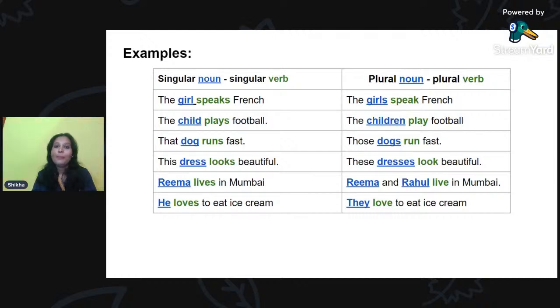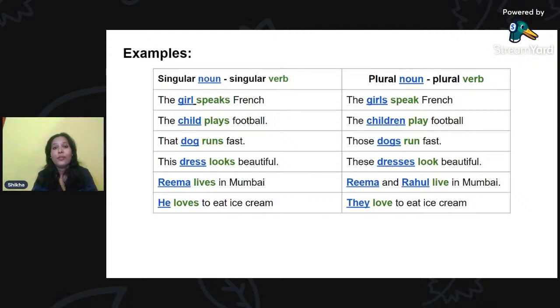The children play football. That dog runs fast. Now, I think you can understand that our subject is singular. We are talking about only one dog. Runs, our verb is singular because we have added s to it, isn't it? The dog runs fast. Hence, our subject is matching with the verb, right?